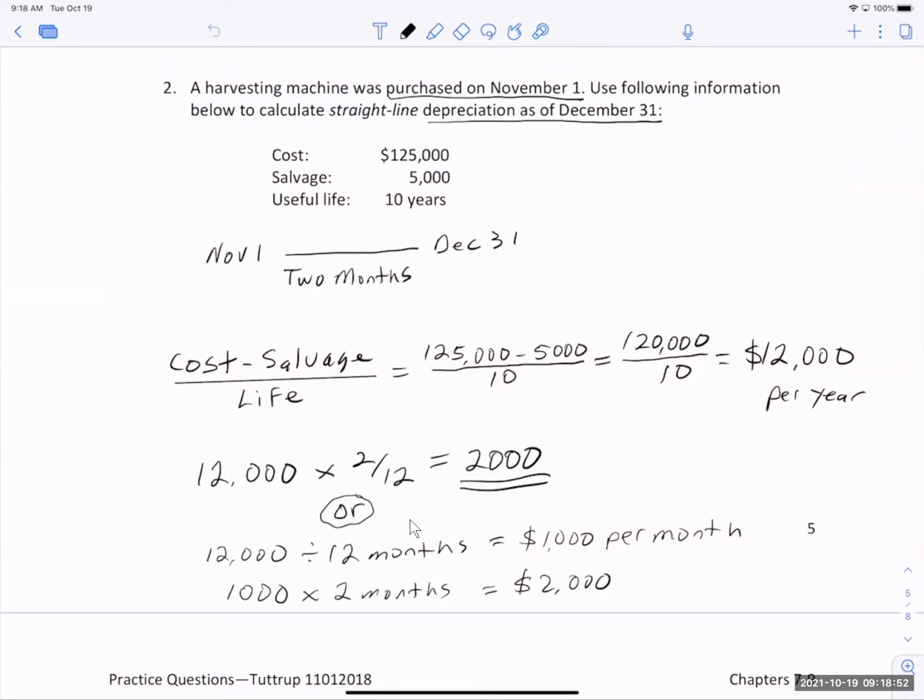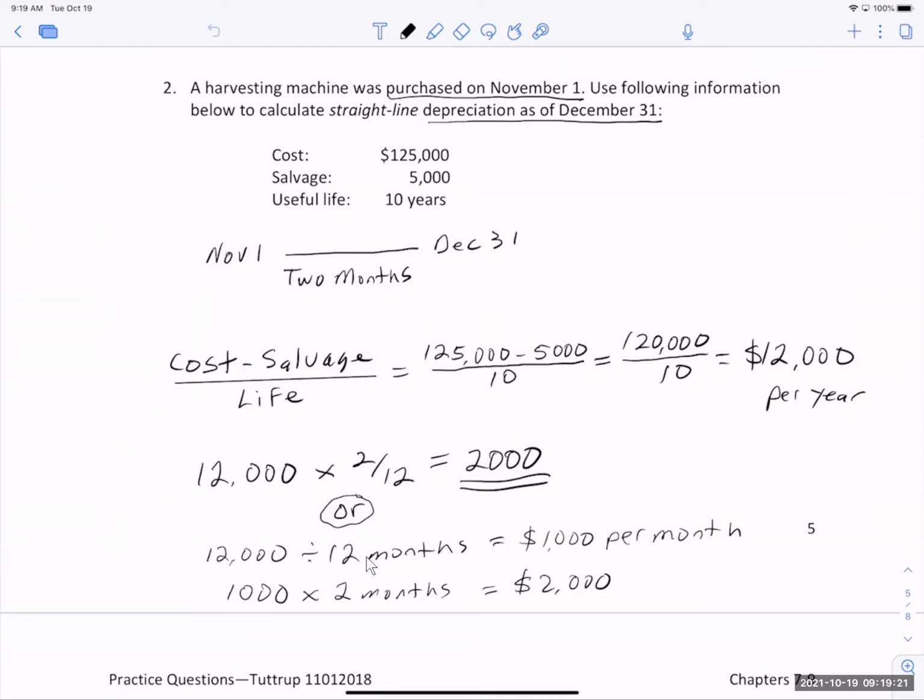You know that it's 12,000 divided by 12 months. Okay, so that means that's $1,000 per month, right? You got $12,000 per year.